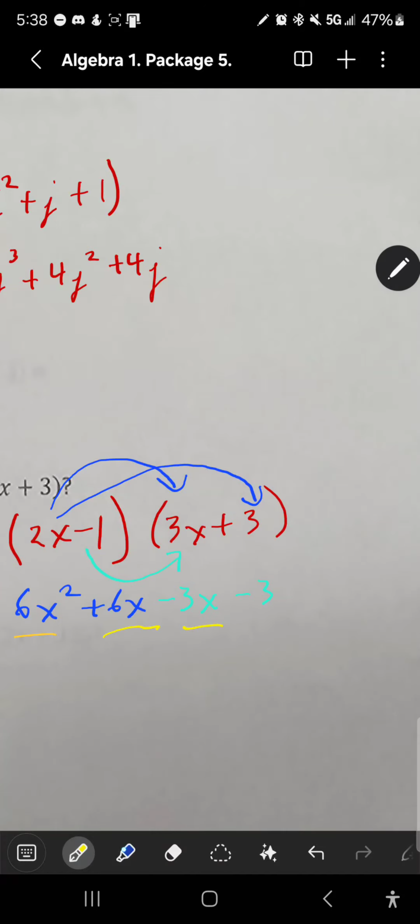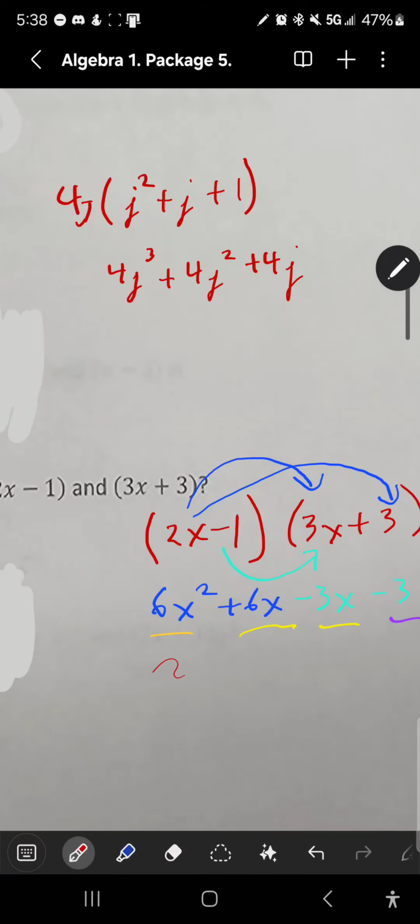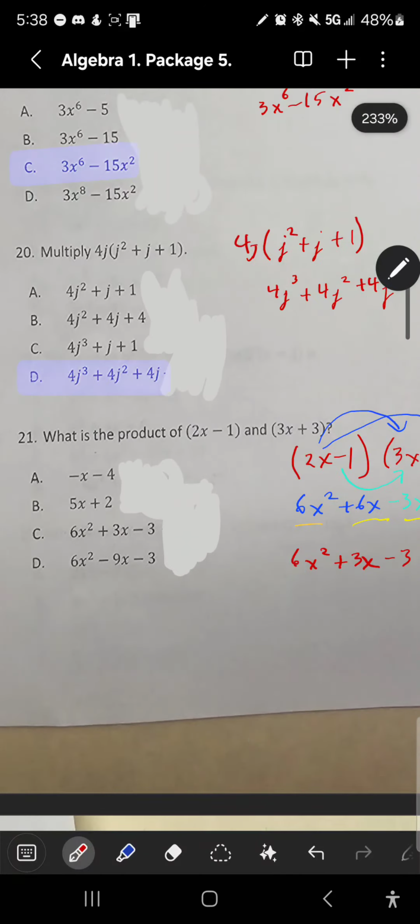We have x, and here we have a long number. So we keep the x squared, so 6x squared. Let's stay like that. And then we have 6x minus 3x. So 6 minus 3 is just 3, and then we keep the x, minus 3. So it is 6x squared plus 3x minus 3, which is choice C.